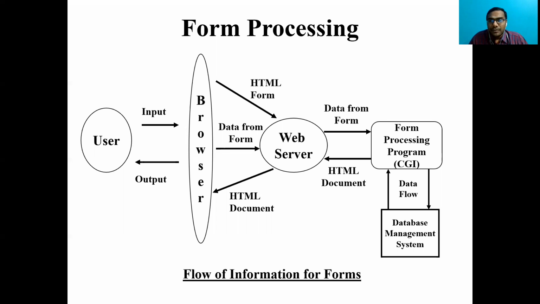From the web server, it goes to the form processing program, or we can call it CGI. What is that form processing program? Because we are using form tags, which types of form we have used, based on that, our data is going to be processed.